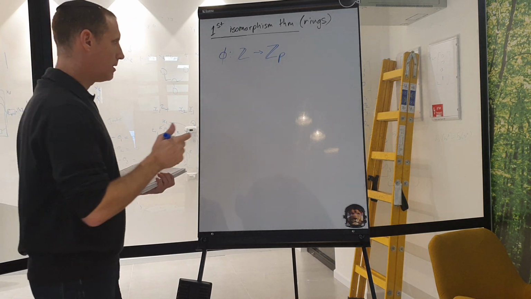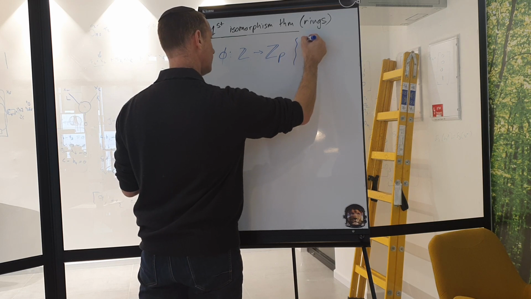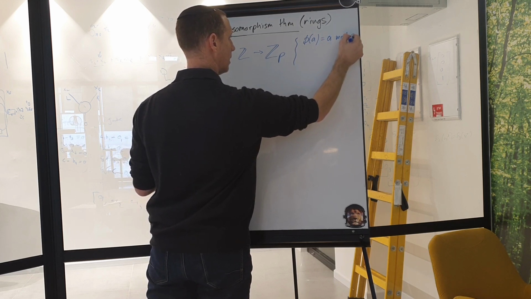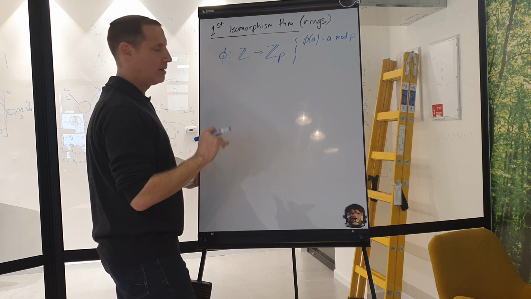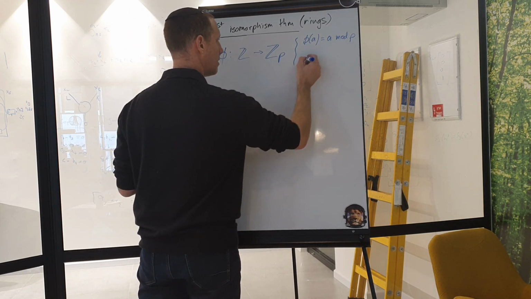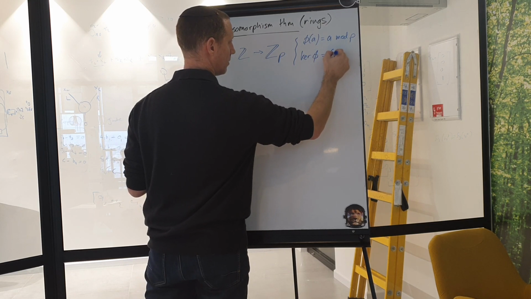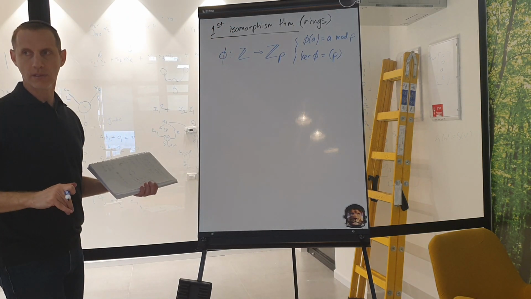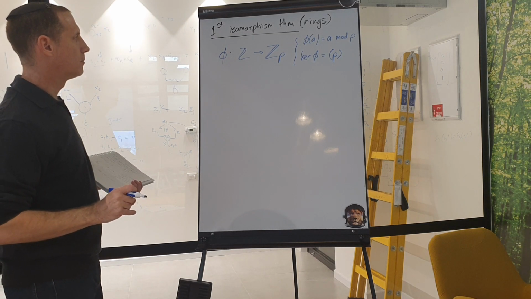And when we say this, we actually mean that phi of a equals a mod p with the usual modulo, okay? P prime, okay? Then we know that the kernel of phi is p, right? Is that ideal, right? Principal ideal.